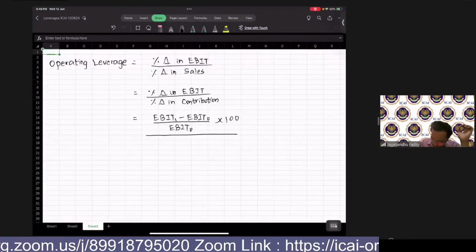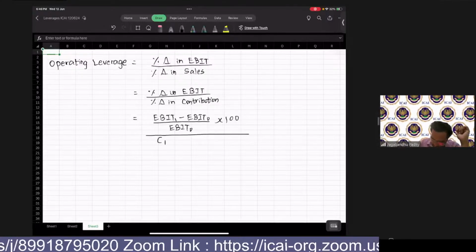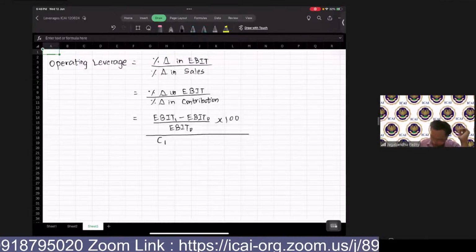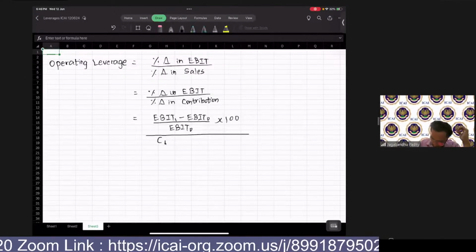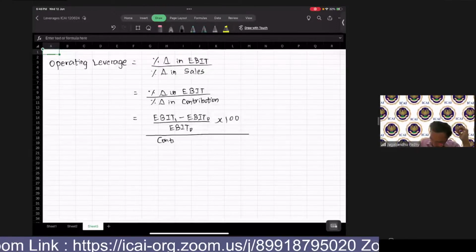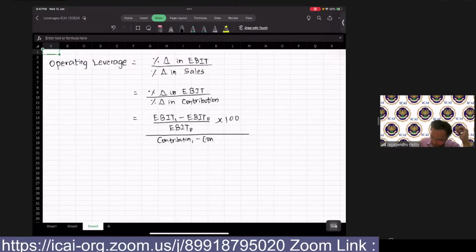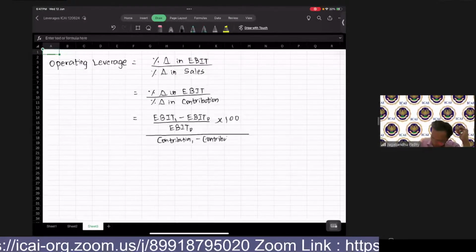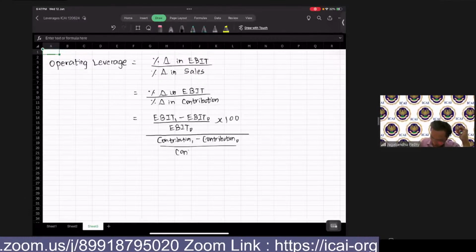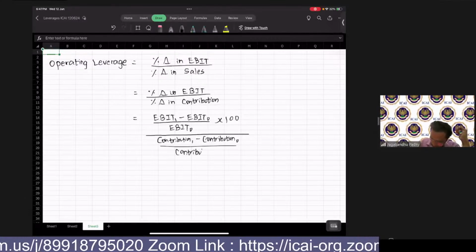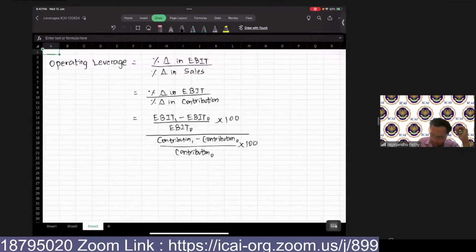Then the whole thing is divided by the percentage change in contribution, computed as contribution 1, the new contribution, minus contribution 0, the old contribution, the whole thing divided by contribution 0, also multiplied by 100.